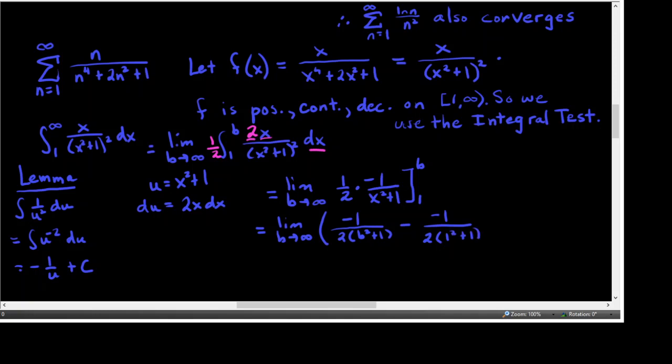Okay, and that first fraction, as b in the denominator goes to infinity, the denominator goes to infinity, and any constant divided by an infinitely large thing is headed towards 0. Minus a negative is positive, and that denominator ends up being 4, so we get an answer here of 1/4.